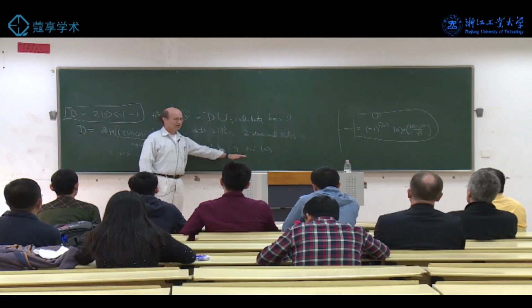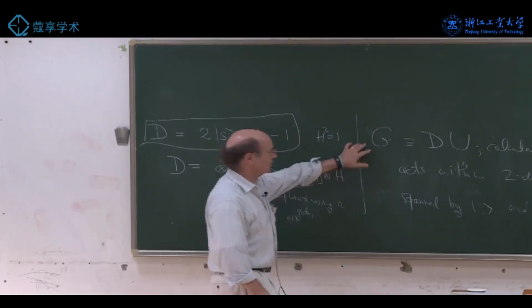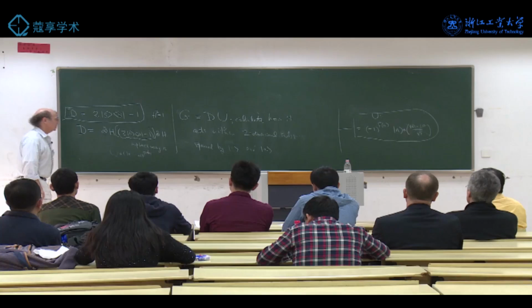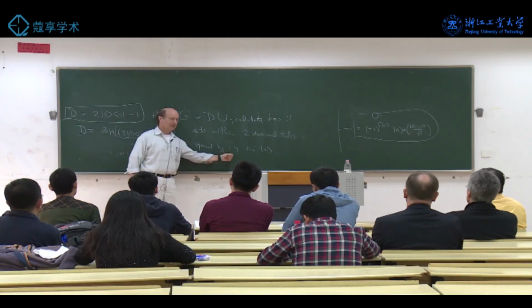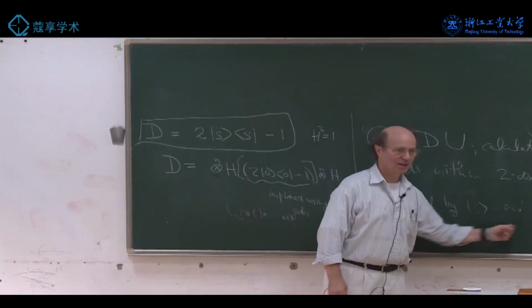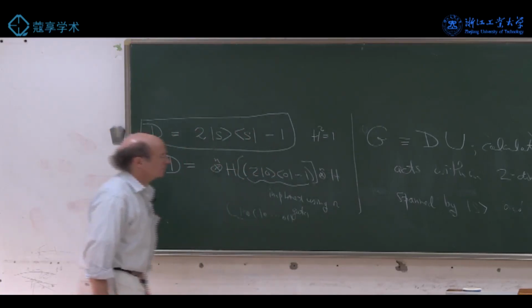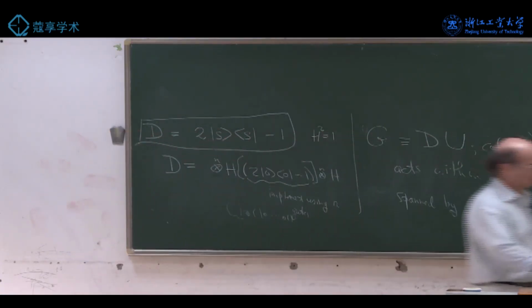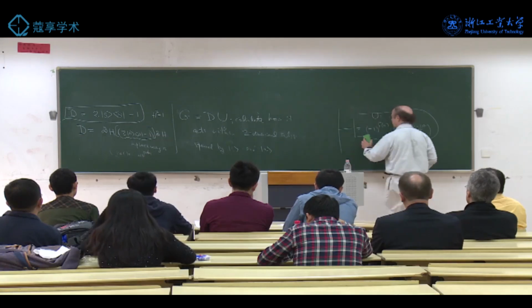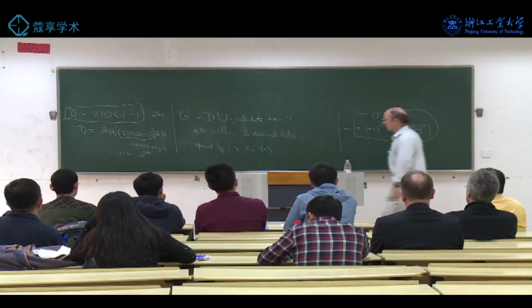And so we have to just see what happens within this two-dimensional space to see how G acts. If we start our calculation in the reference state S, we'll never get out of this two-dimensional space.